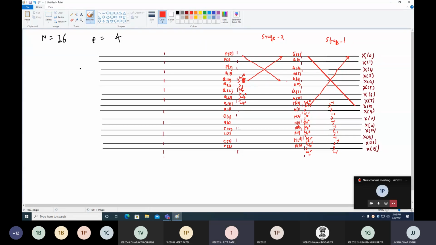C વાળામાં આવશે. W8 raised to 0, W8 raised to 1, W8 raised to 2, W8 raised to 3.